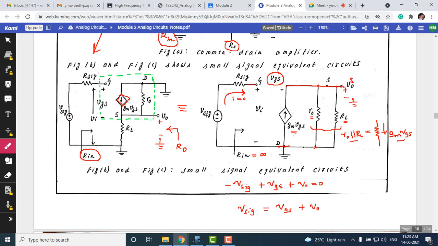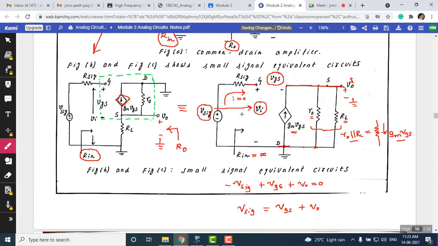Since there is no current flow, there is an open loop here, so the complete signal becomes equal to this. So Vi here will be equivalent to V signal.